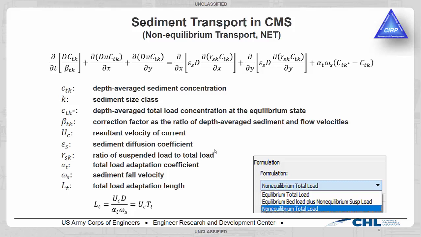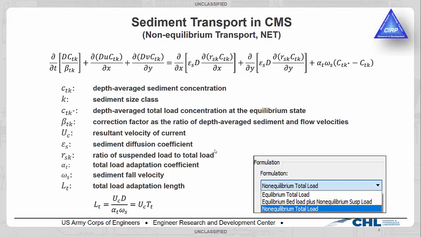So the length and time are both related to alpha T here. From the definition of alpha T, the total load adaptation coefficient, we define LT as the total load adaptation length and TT as the total load adaptation time.